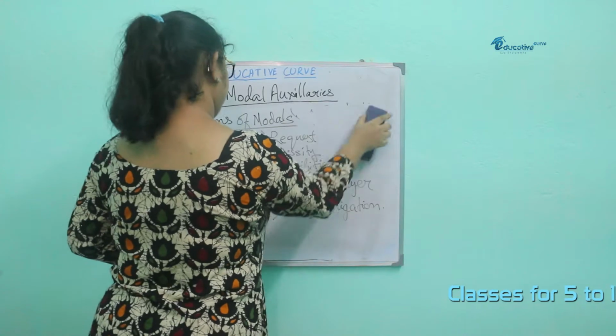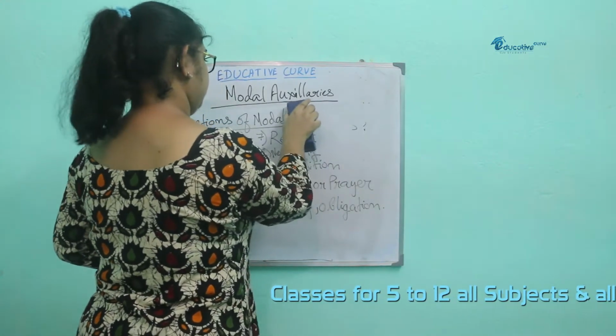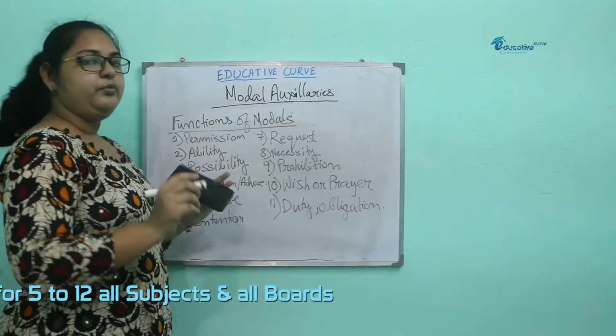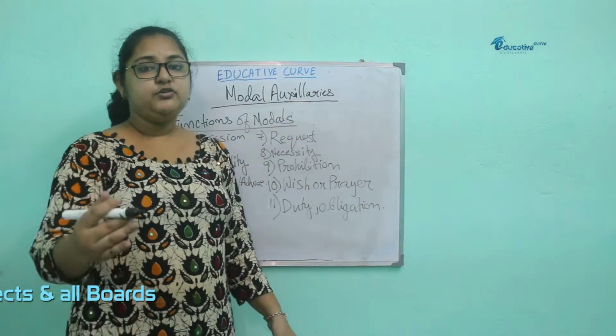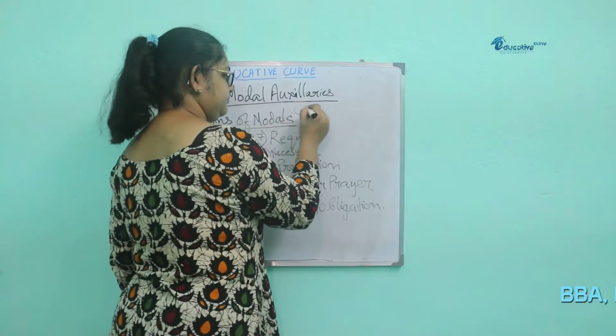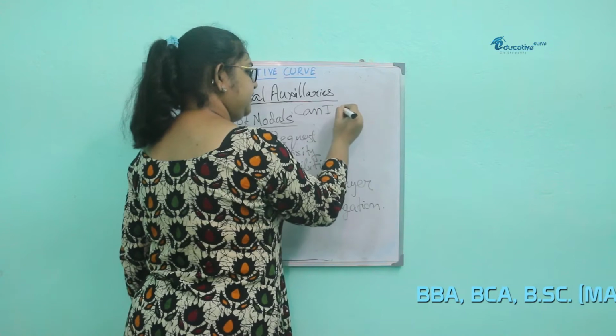Let's see in case of ability. Ability means you want to assess yourself if you can do or cannot do a work. Suppose I say, can I speak in English?